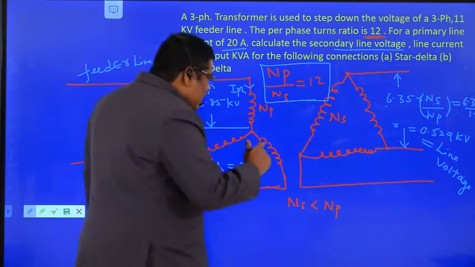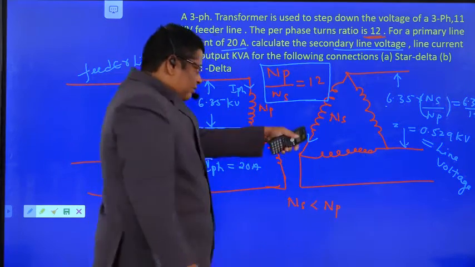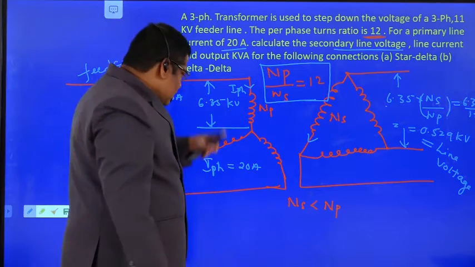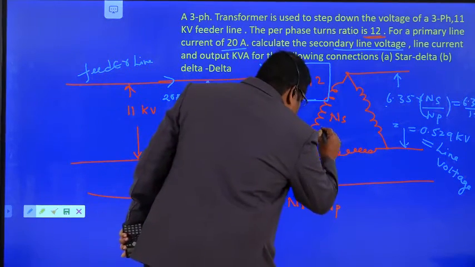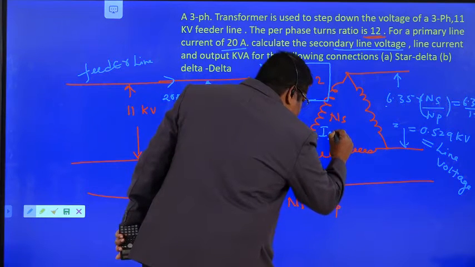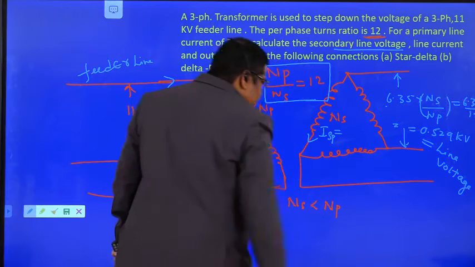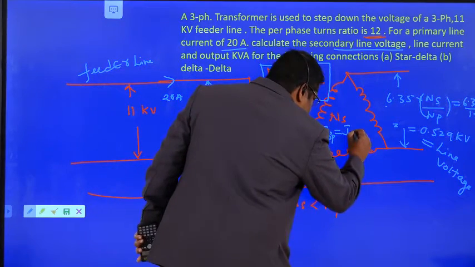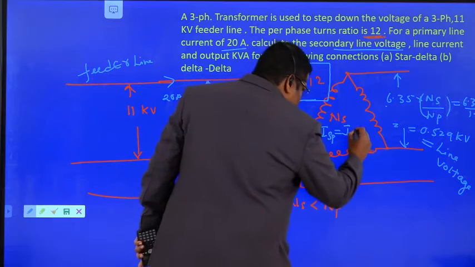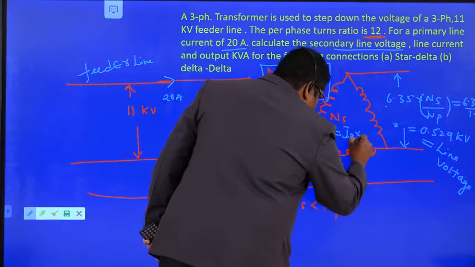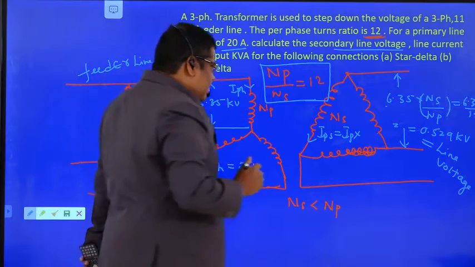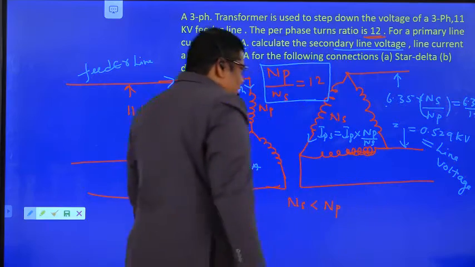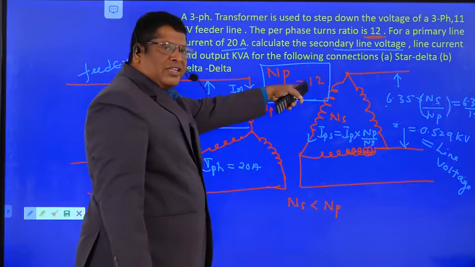Now the per phase current in a secondary, nothing but the current which is flowing in one winding. The secondary per phase current is equal to the primary per phase current into the number of turns in the primary winding, NP, divided by the number of turns in the secondary, NS. Already we know the value of NP by NS, that is given as 12.